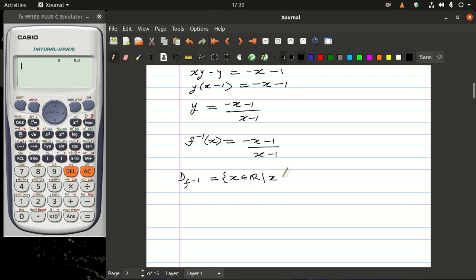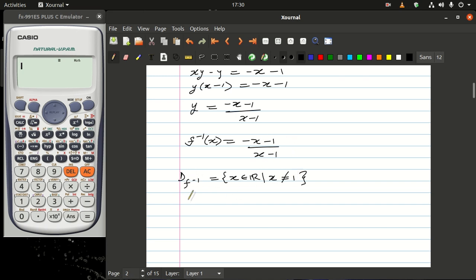That's the only case that this will happen. So if I have x is equal to 1, this will be a 0. But now, the domain is the set of all input values that make the function defined. This value here is the only value that is making this function undefined. Therefore, I don't want that to happen. So as long as x is not equal to that, then I have the domain of this inverse.